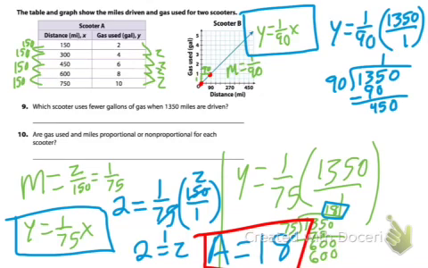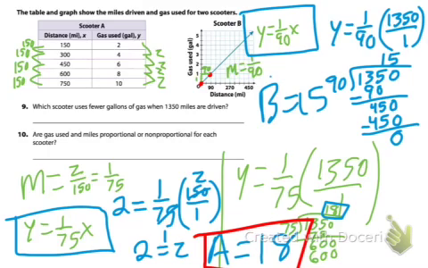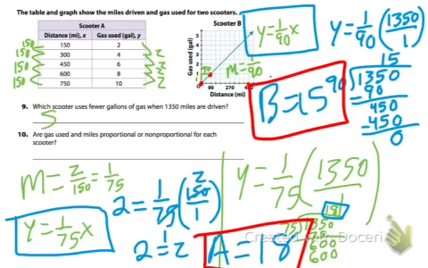Bring down the 0. And 90 times 5 is 450. So for scooter B, it's 15. So which scooter uses fewer gallons of gas when that many miles are driven? Scooter B.